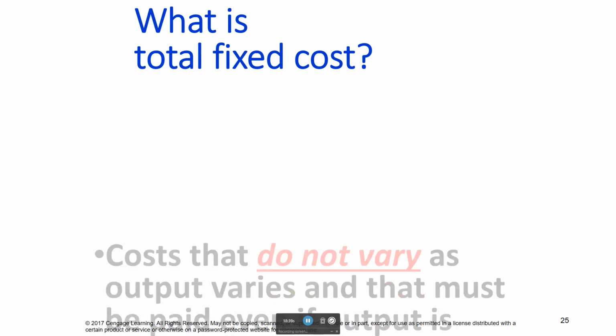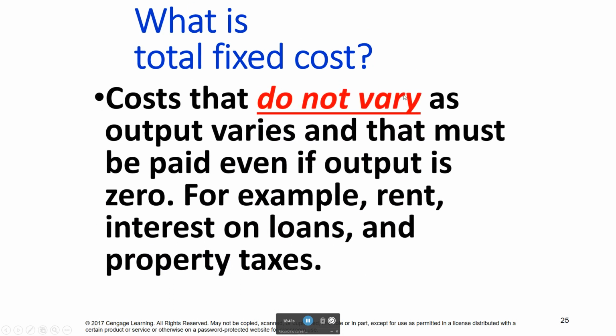Now, just like we have fixed inputs, we have fixed and variable cost. Fixed costs are costs that do not vary as output varies and that must be paid even if output is 0. For example, rent, interest on loans, and property taxes.